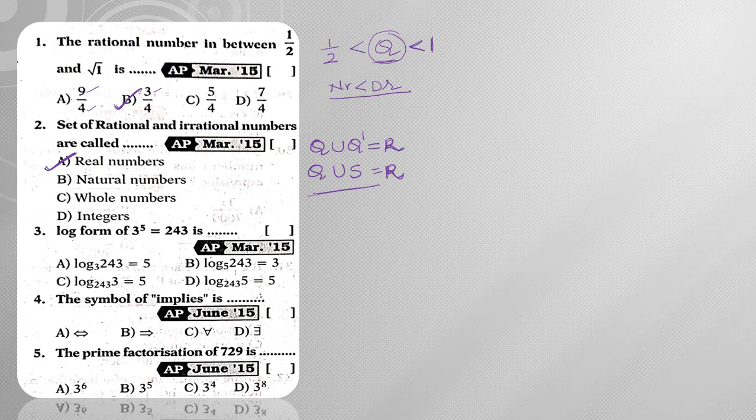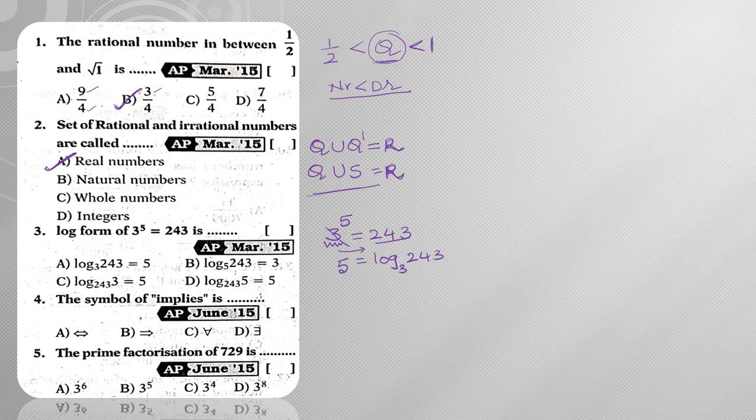Logarithmic form of 3 power 5 is equal to 243. Just look here carefully. 3 power 5 is equal to 243. This is nothing but exponential form, where 3 is the base. Whenever you have exponential form, simply cancel out this base and transpose this 3 to the right hand side as log base 3, this number will be as it is, and this power will come forward as 5.